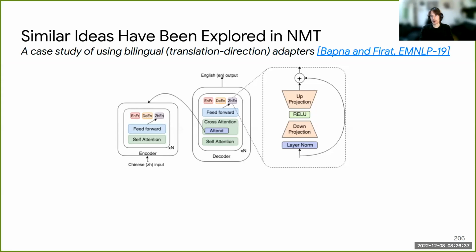In this seminal work from Bapna and Firat, they realized that this curse of multilinguality is happening with a massively multilingual NMT model. So they were trying to give extra capacity to particular language pairs, language directions, so that they can restore the performance for high resource language pairs and still reap the benefits of positive transfer across different languages in a massively multilingual model.